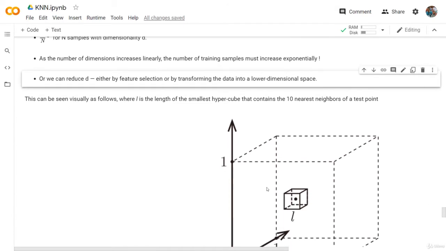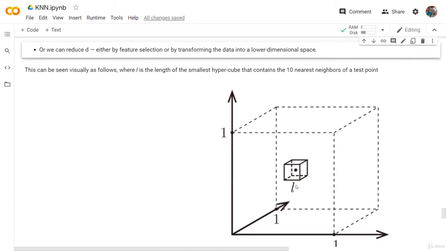We can see this visually as follows. This is the smallest hypercube. This cube is just a representation of your space, and the hypercube inside your space contains the 10 nearest neighbors of a test point, with L representing the length of the smallest hypercube.